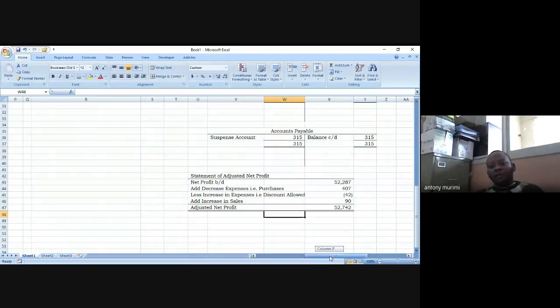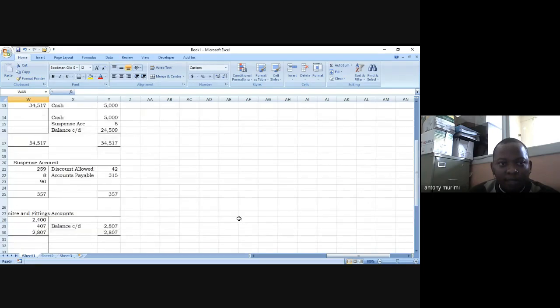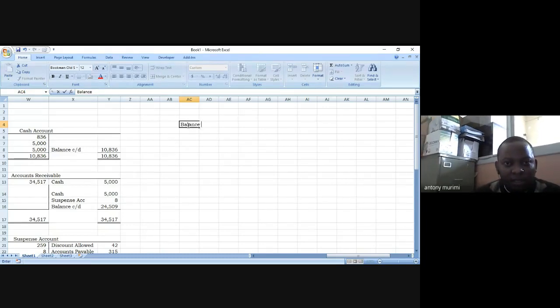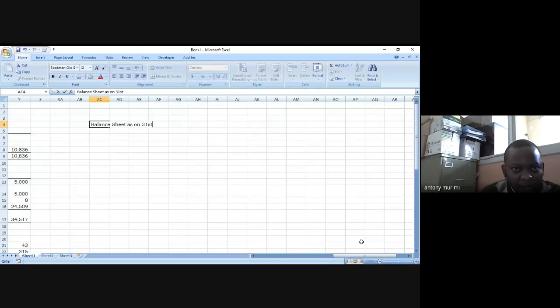So the last item we have is the balance sheet. Now the corrected balance sheet, as for the question, the balance sheet as at 31st January 2003.